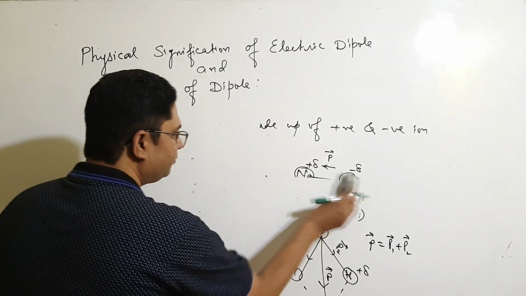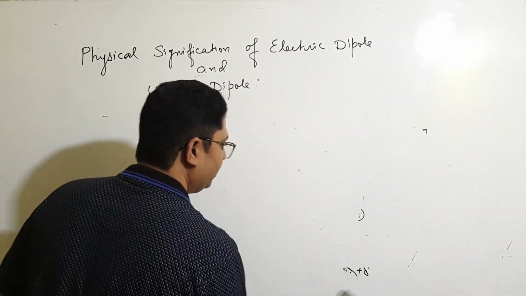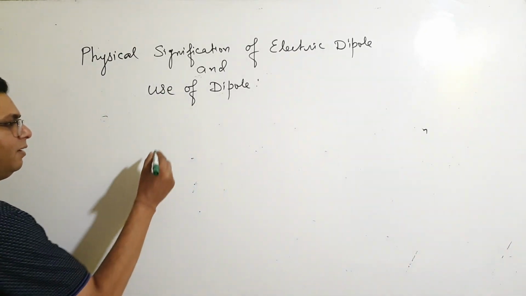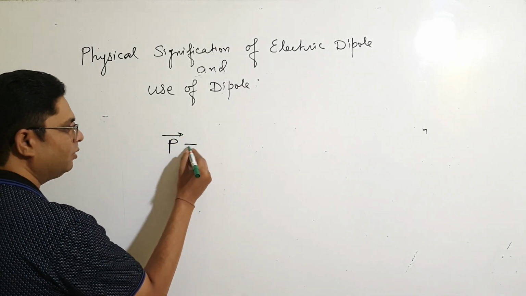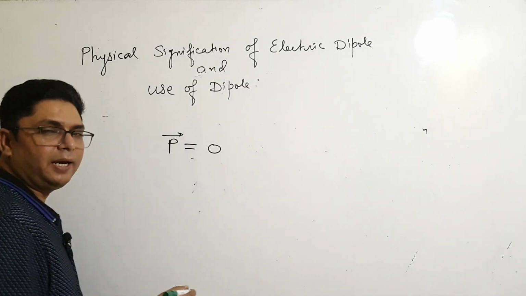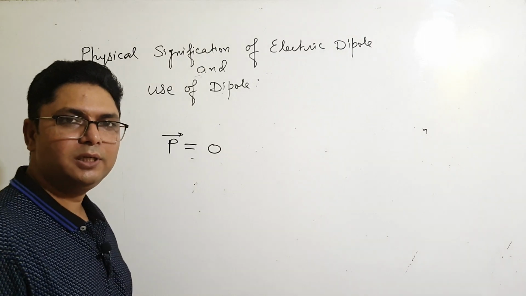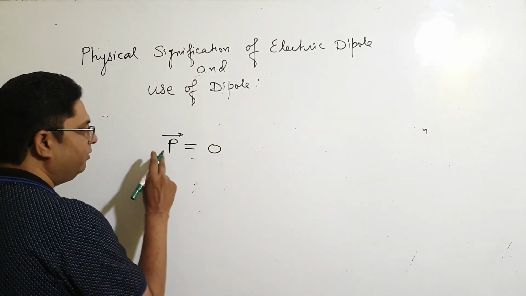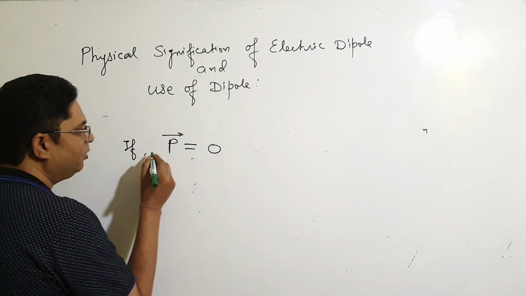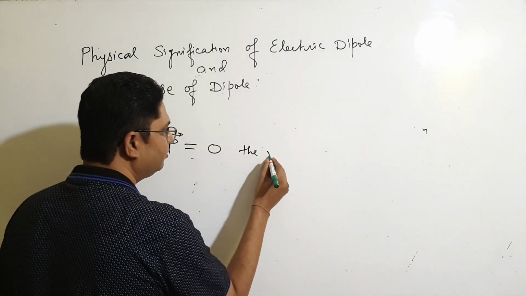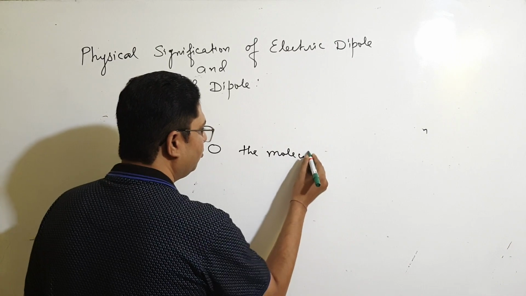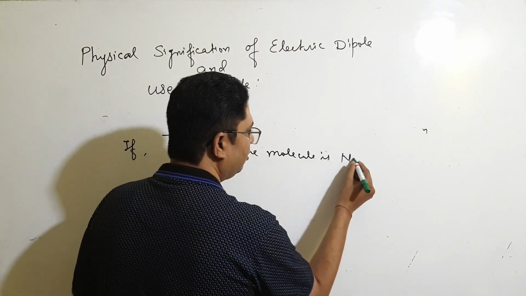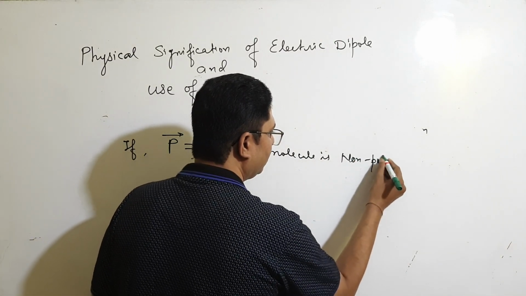Now, if a molecule has dipole moment P equal to 0, this means that the molecule is non-polar.